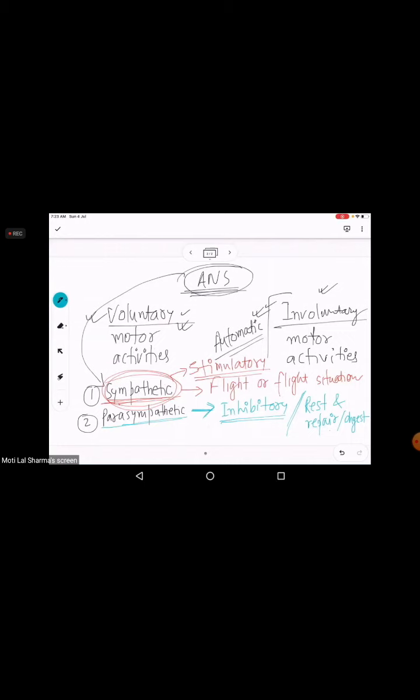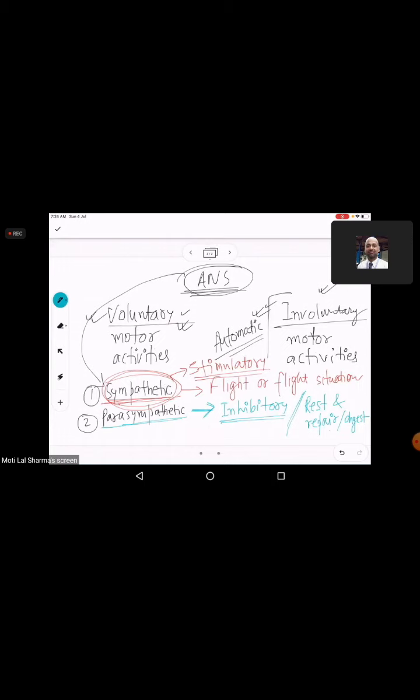Right now, you are sitting in front of a screen to join this class. If you are sitting doing nothing, just listening to me and looking at what I'm writing on the board, which division is active? Parasympathetic. Right now I'm sitting and delivering this class, so in my case also, the parasympathetic nervous system is active.